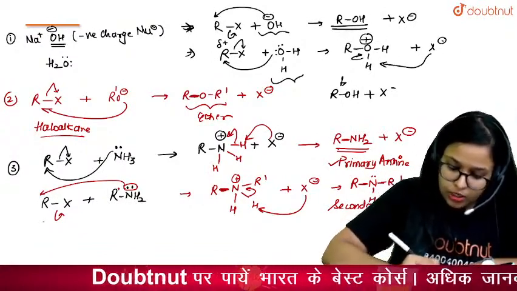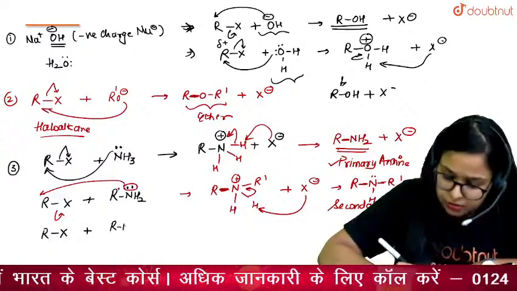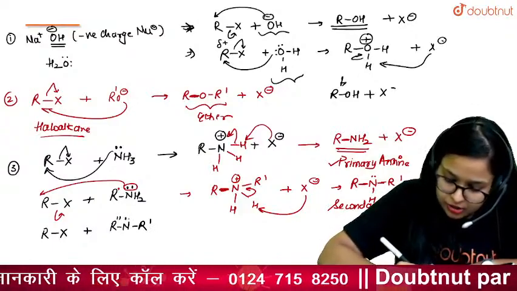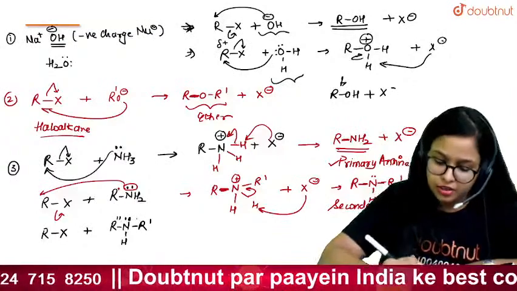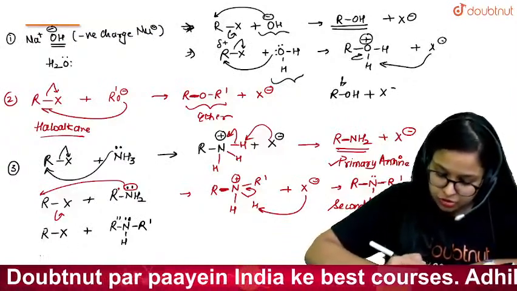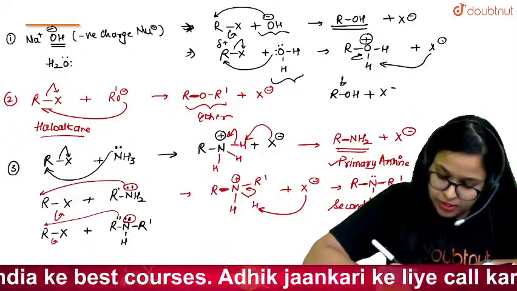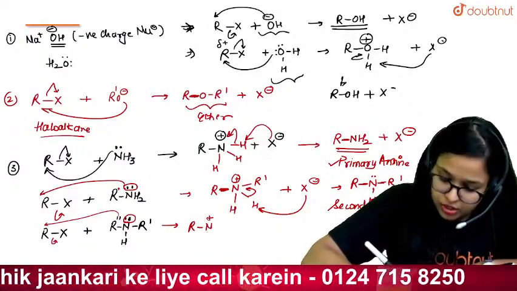If I talk about how to prepare tertiary amine, take your secondary amine, which has R dash, a lone pair, and a hydrogen, and react it with a haloalkane, R double dash X. You get tertiary amine, right? Nitrogen has a lone pair, attacks R double dash, removes X minus. Nitrogen has given its lone pair, a positive charge develops on it.